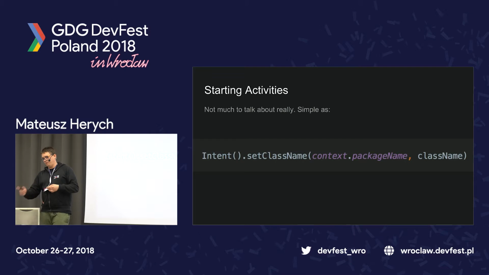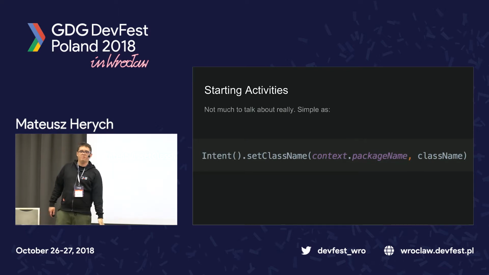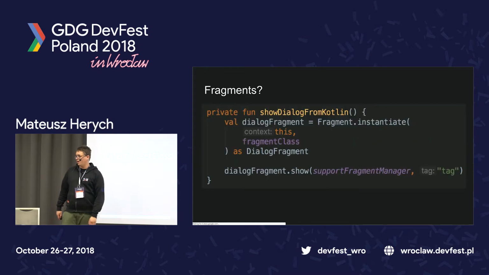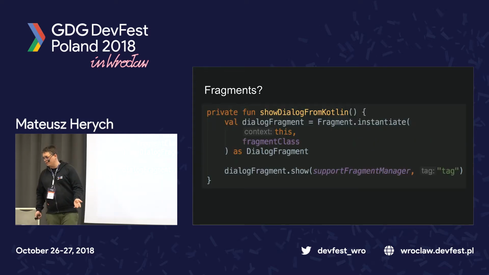So activities are easy, just like this. You use the class name, start activity, okay, that's all you need. For fragments, you can still use the fragment class.